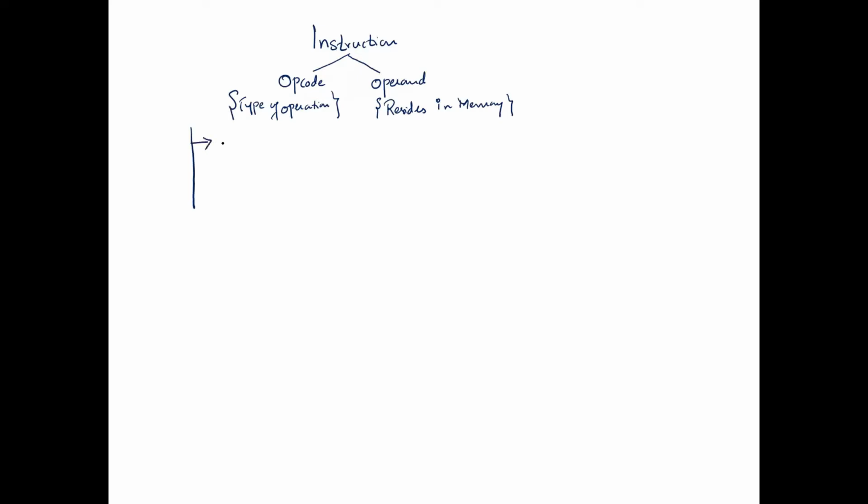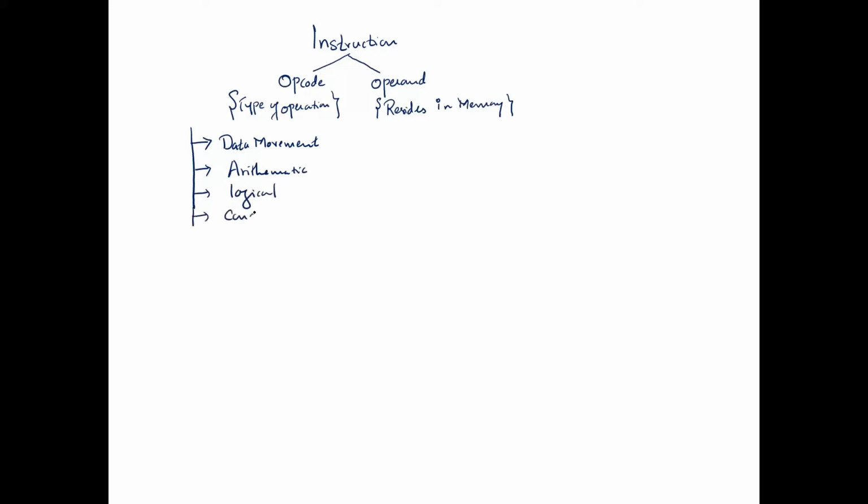We have classified as it will move the data. So I will call such type of instructions data movement instructions. Then I have arithmetic instructions. Then I will have another classification called logical instructions.